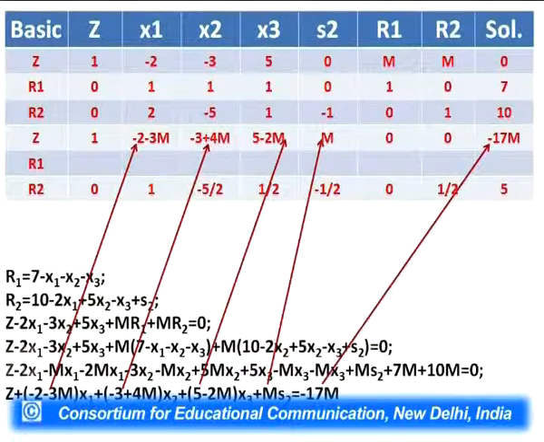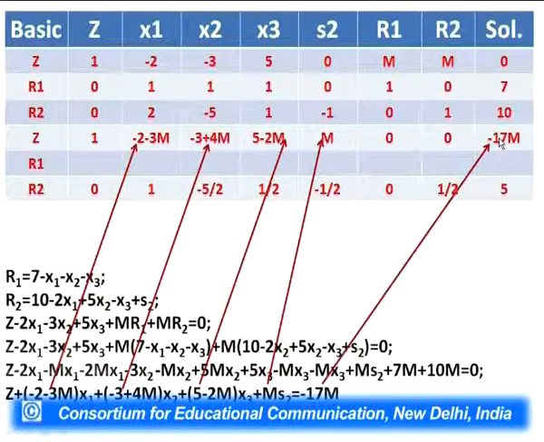So I am showing from where these coefficients have come, and this equation was after removing r1 and r2. For x3 also the coefficient is 5 minus 2M, and that is why it is written 5 minus 2M. And for s2 also M has been written. Then finally 0, 0, because r1 and r2 have already been removed and they are not present in the equation, that is why their coefficients are 0. And in the solution part, of course, minus 17M is there, that is what is written here.